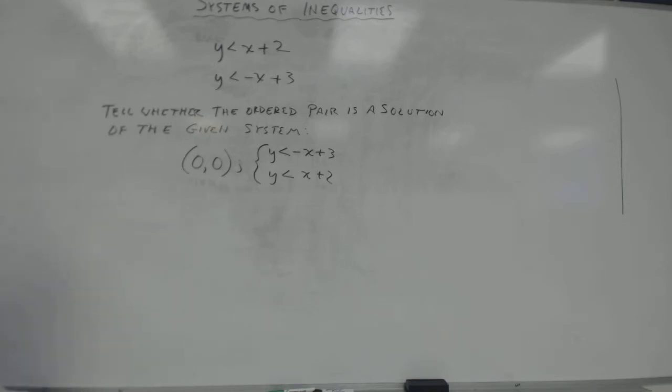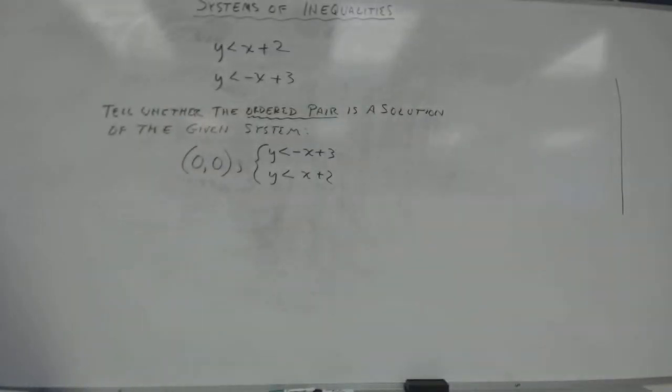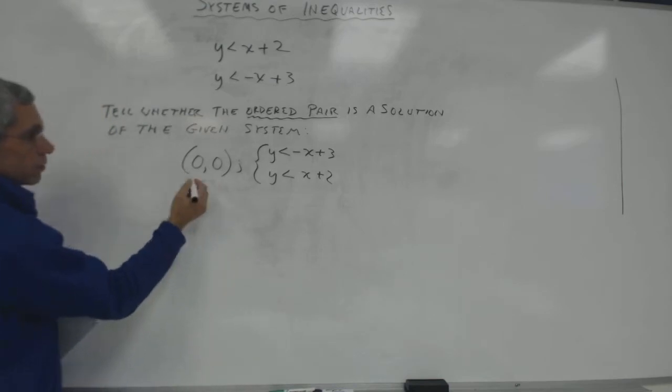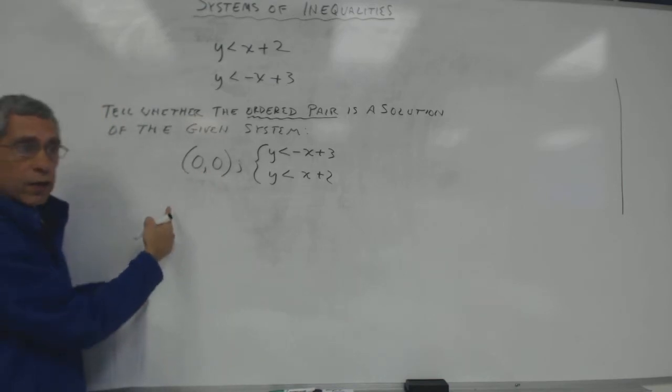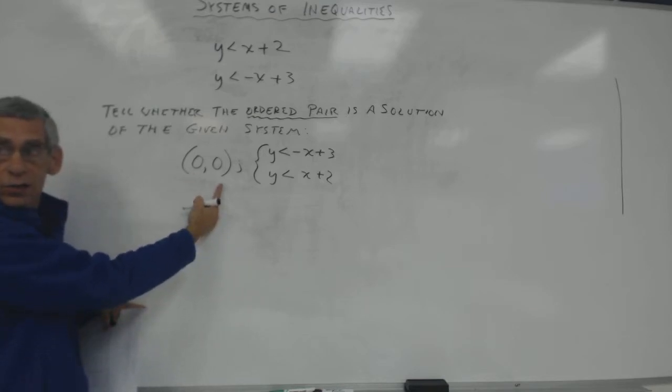And what is an ordered pair? Anybody know what that is? Yes, Gideon. An ordered pair is a pair of numbers surrounded by parentheses, and then you put them onto a graph, on a coordinate plane. The first thing is your x, and the second thing is your y.